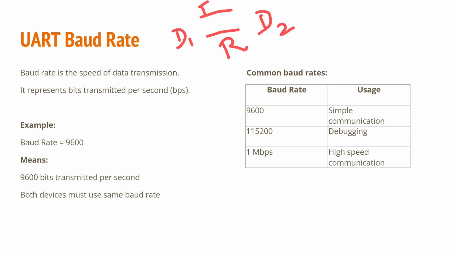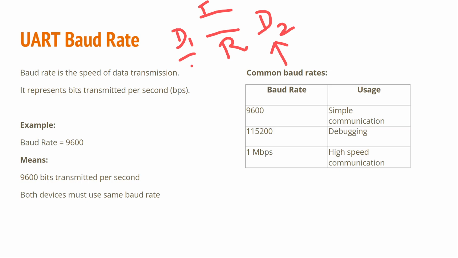How will my device 2 come to know that data is coming, and how is it supposed to know how to read the data which is sent by device 1? So this information has to be given to both device 1 and device 2.